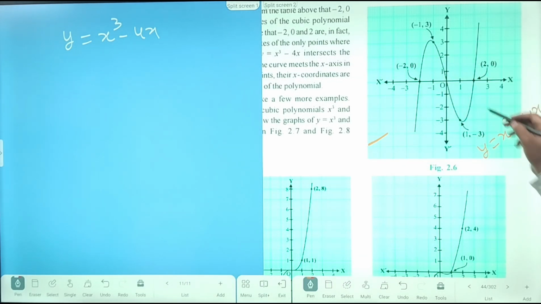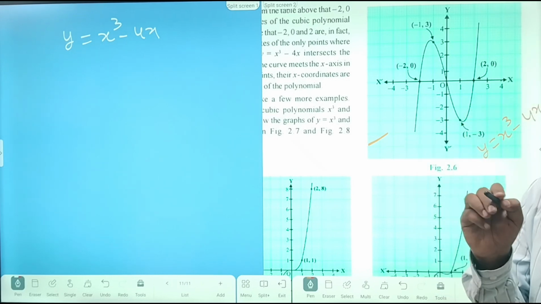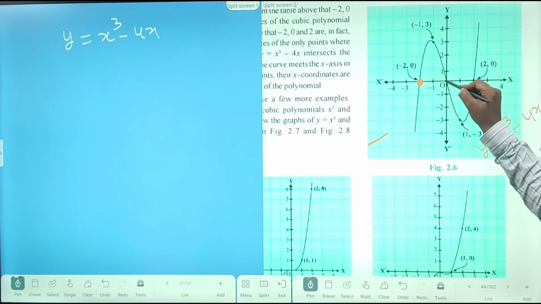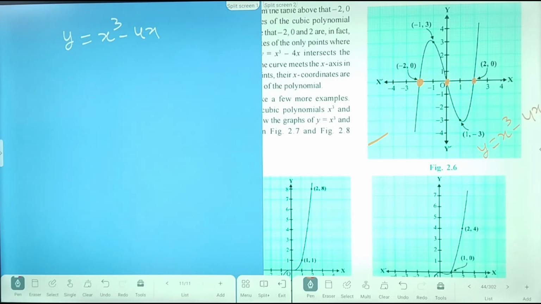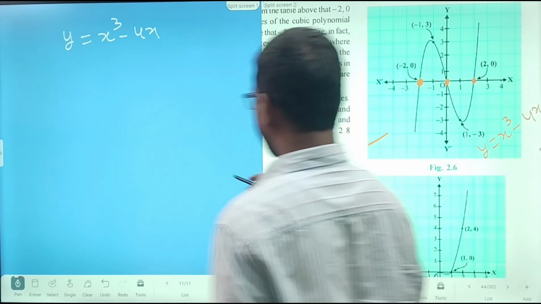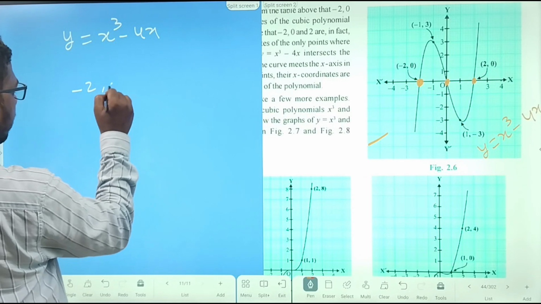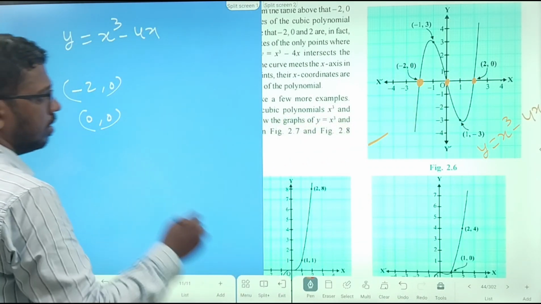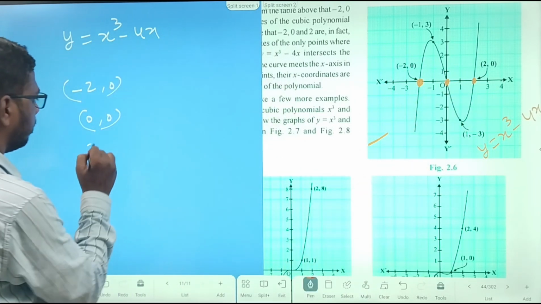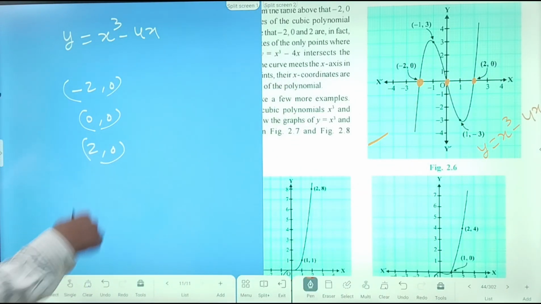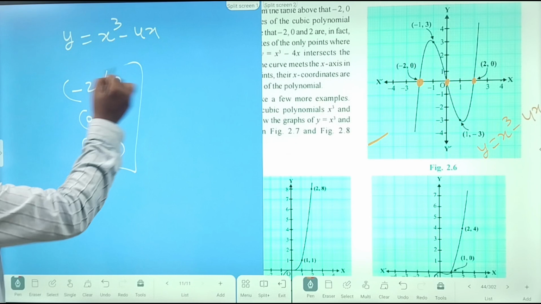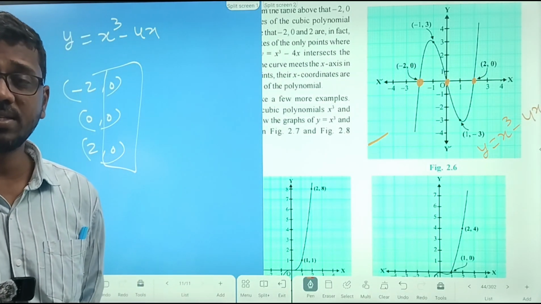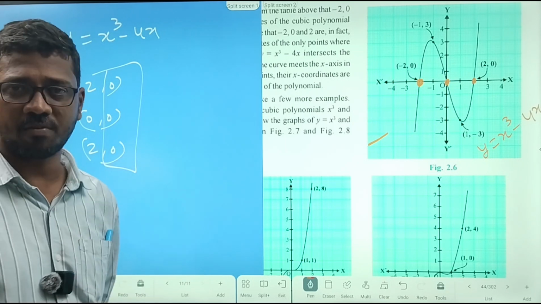If you observe carefully here, that graph cuts the x-axis at 3 different points. This point is minus 2 comma 0, another point is the origin, 0 comma 0, and this point is 2 comma 0. Of course, the y coordinate will always be 0 because these points are on the x-axis.